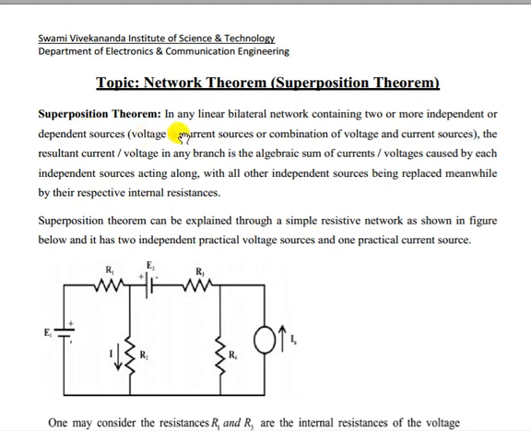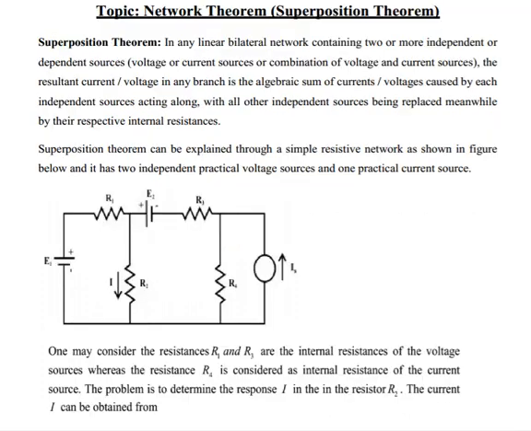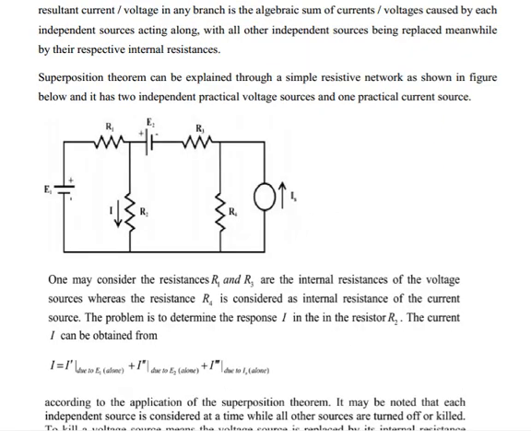Now, superposition theorem says that in any linear bilateral network containing two or more independent or dependent sources, the resultant current or voltage in any branch is the algebraic sum of currents or voltages caused by each independent source acting alone. Okay, with all other independent sources being replaced meanwhile by their respective internal resistance.